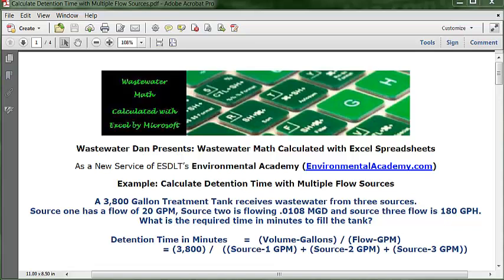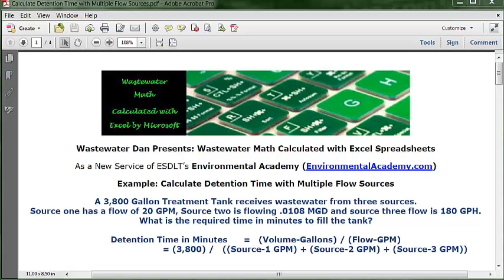So the problem does require us to take the flow from source 3, which is given to us as GPH, and convert it to GPM before we can put it into this formula.